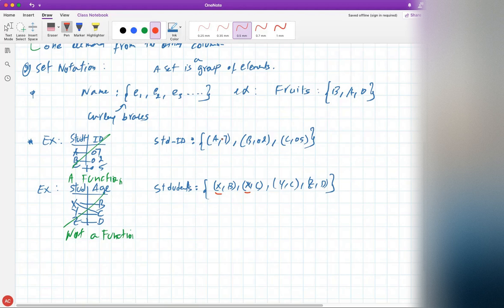Here, all these are unique: A, B, C. So we say it's a function. Looking at it from here, the first element of each pair is distinct or unique. Distinct meaning it's not repeated.